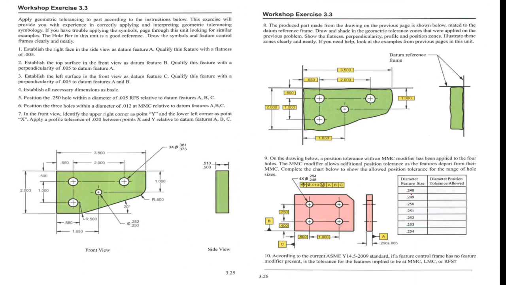At 2.248 it would be 0.01, and at this size 0.249 it would be 0.011, and here it would be 0.012 and 0.013, and so on, and here it would be 0.016.